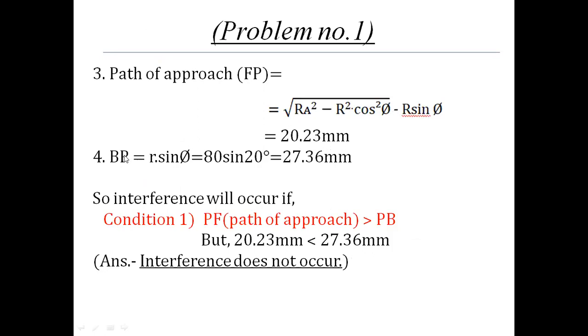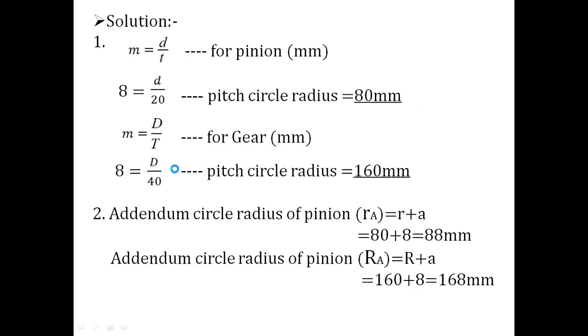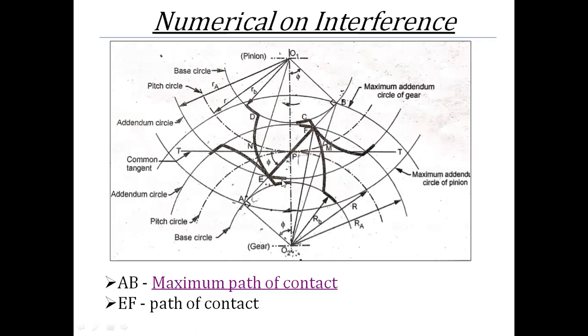Okay, now next thing, we have to find out BP. What is BP? Again come to here, this is BP. For finding BP, we are considering this triangle O1PB. This angle is phi, and O1P is the pitch circle radius, small r.